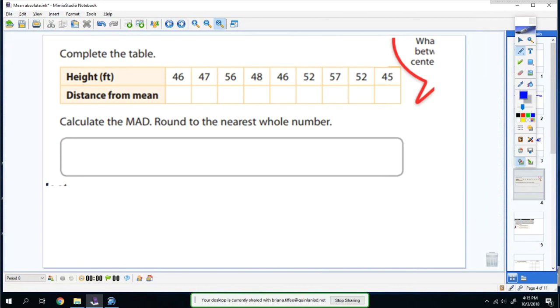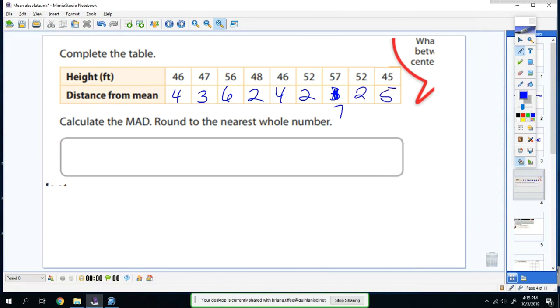So now we have to find the difference between the data set and my mean. 46 minus 50 is 4, but you have to find the absolute value of it. So that'd be 4, 3, 6, 2, 4, 2, and I think that's supposed to be 7, actually, not a 3, 7, 2, 5.